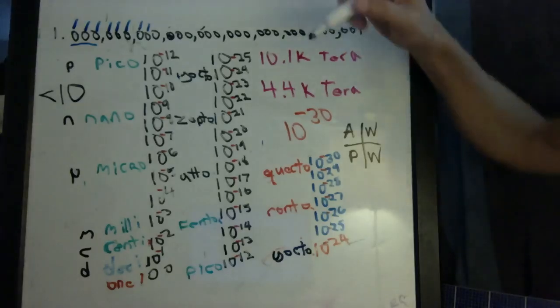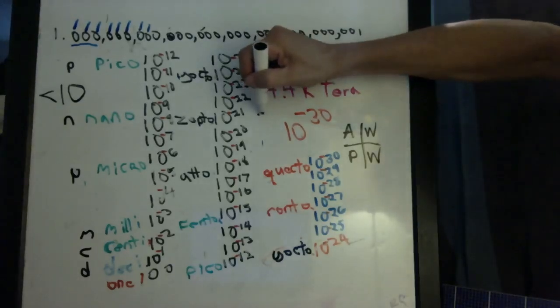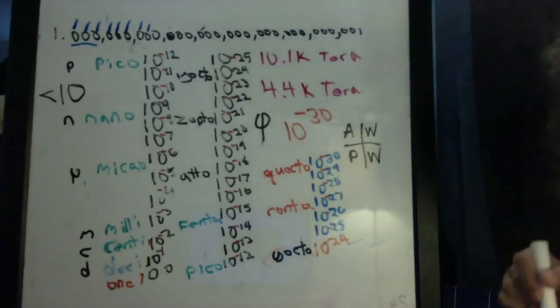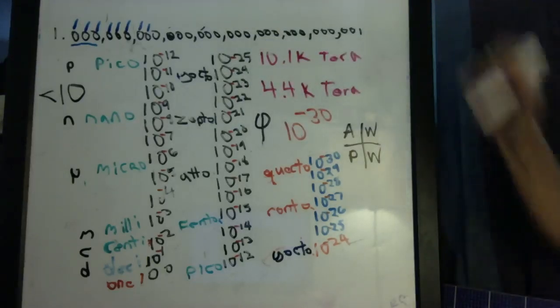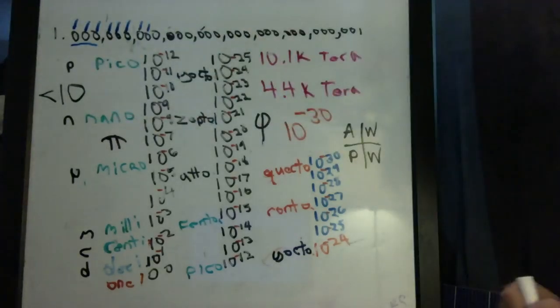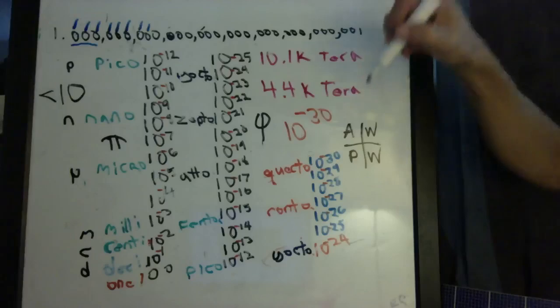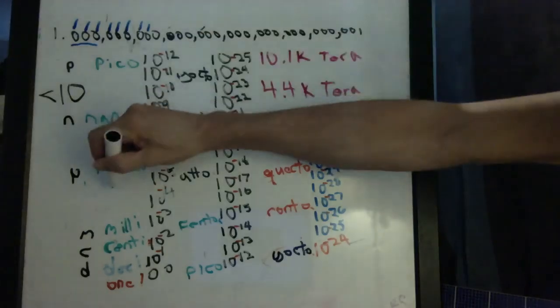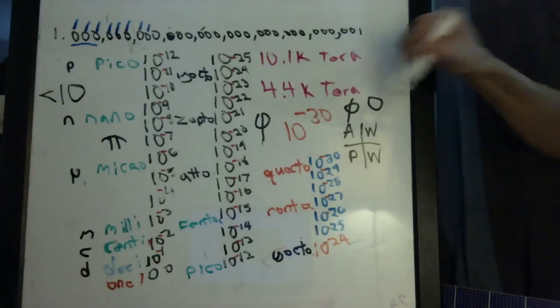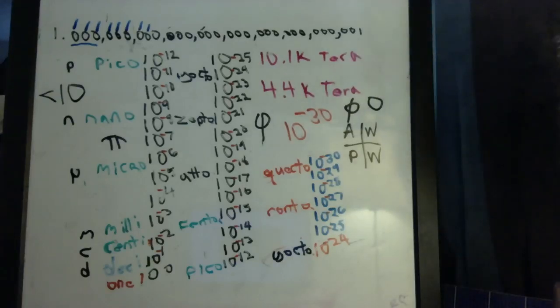Being able to look at this and go, oh, that's supposed to be phi. That's supposed to be pi. And we get all confused, which is why we do this a lot of times, because otherwise, Omicron.